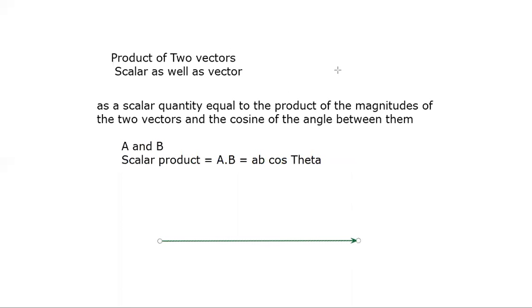This is B vector and this is A vector. So if these are A and B vectors and this is the angle theta between them, then A dot B equals AB cos theta.